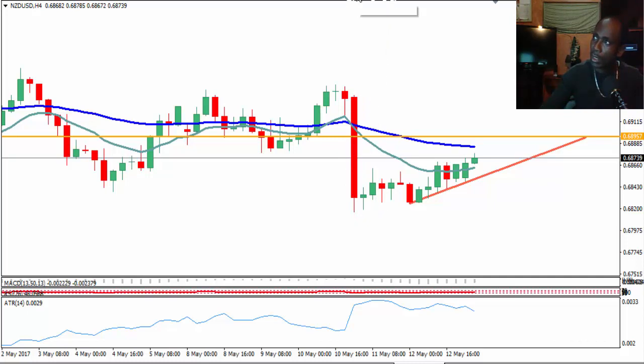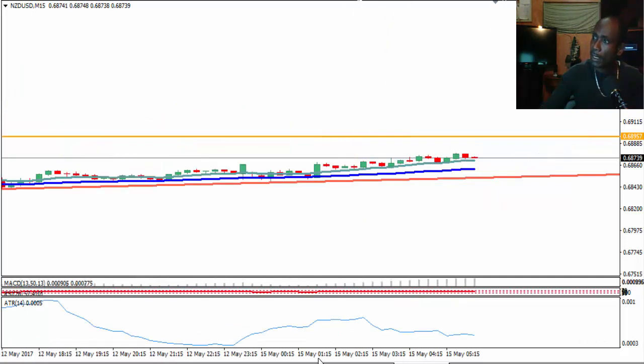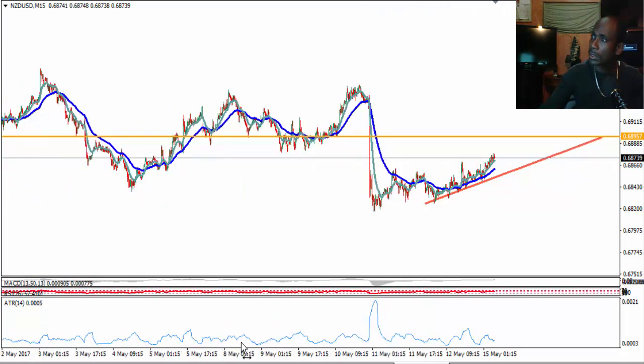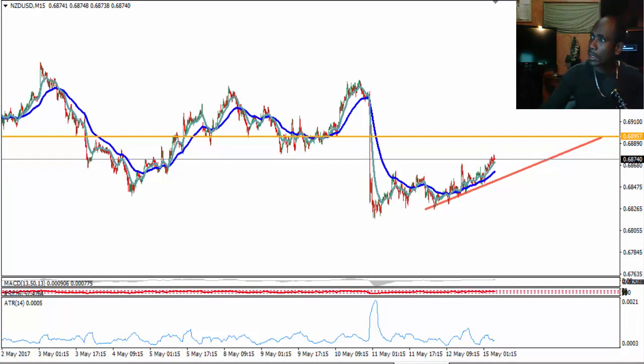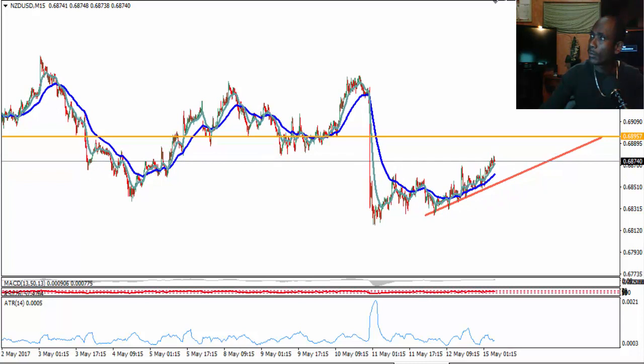So let's take a look at the 15-minute chart, and we are going to see the setups here. On the 15-minute chart, how we would do it, we would put a trend line underneath the chart, and whenever it breaks the trend line underneath the lows, then we would look to take a sell.